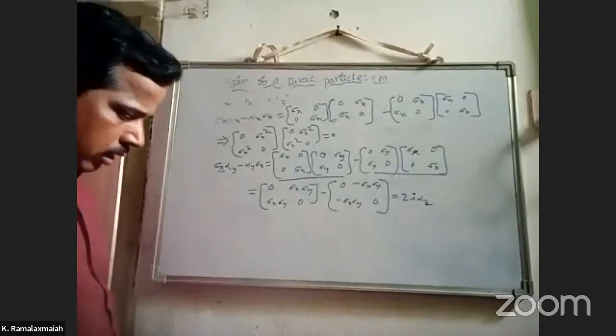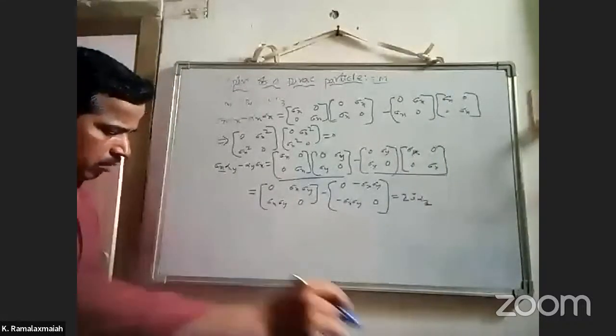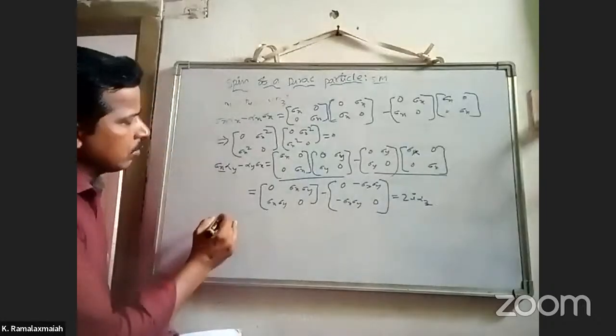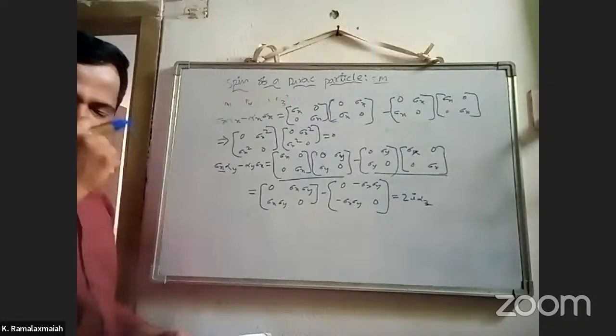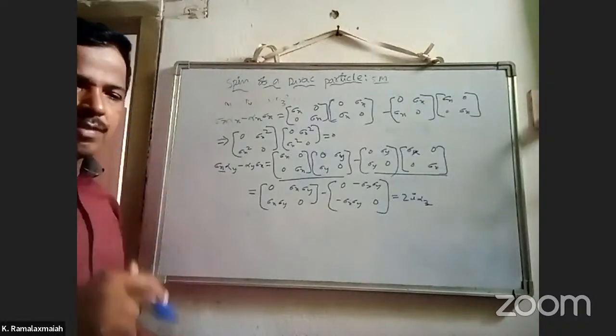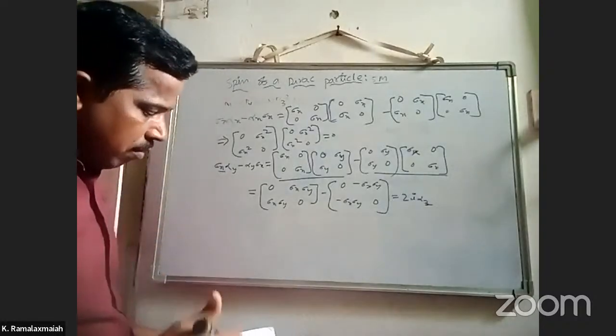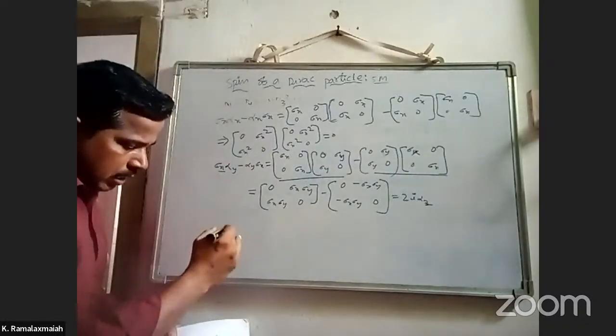So next, alpha z: sigma x alpha z, sigma x, alpha y is complete. After that, alpha z, third case.